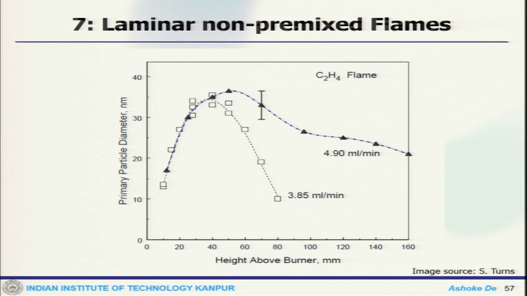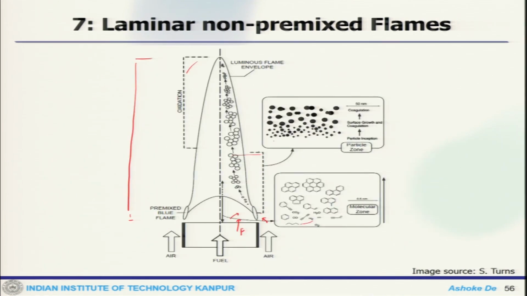Now, here there are some images. These are the primary particle diameter, this is height above the burner, and there is a variation of the fuel flow rate, and you can see how it varies. Up to a certain height there is not much change visible with the change in flow rate, because up to that point this is the process which takes place.